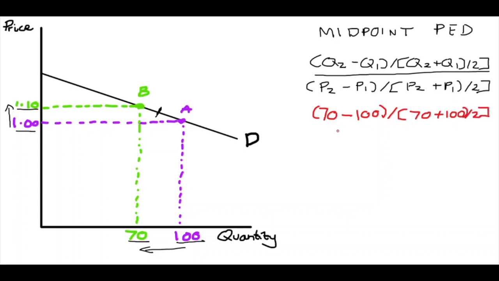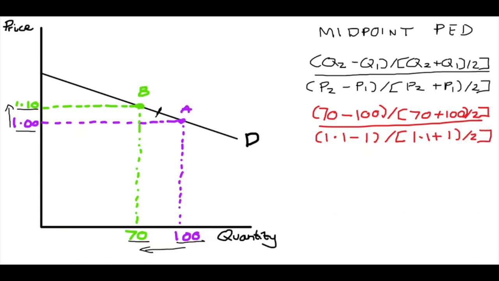So square bracket over here. And that's all divided by P2 in our case is €1.10, minus P1 is €1. That is divided by, open up our square bracket, P2, which is €1.10, plus P1, which is €1. Divide that by 2 and close up our bracket again.